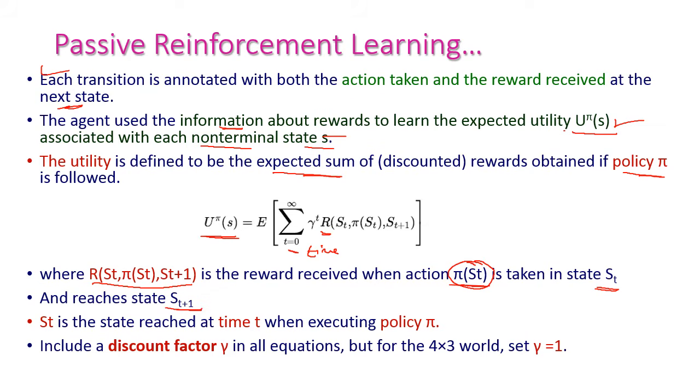And s t is the state reached at time t when executing the policy pi. This includes a discount factor gamma in all the equations, but in our 4 by 3 example, the gamma factor is 1.